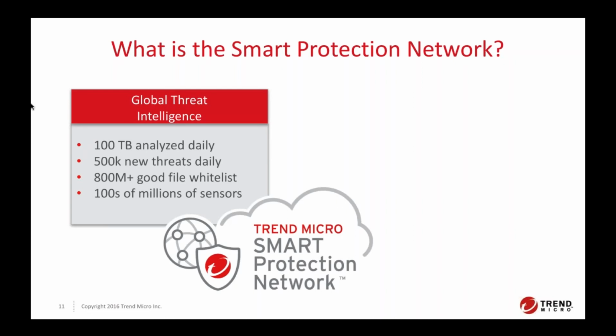We actually have over 500,000 threats on a daily basis, which is astronomical. Even going back 2 years ago, it was something like 100 million in a year, and we're now looking at 500,000 in a day. It's just crazy the volume that is out there in the world.